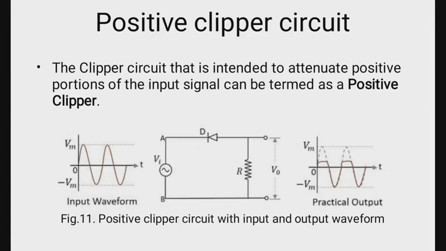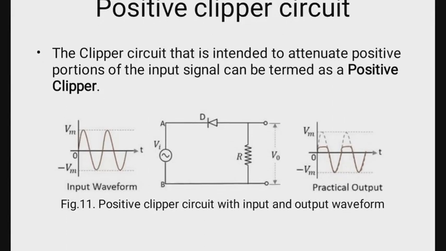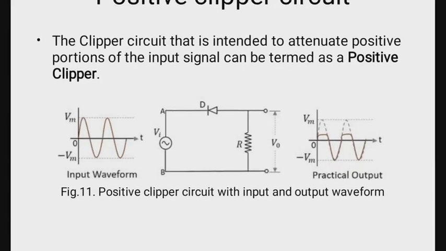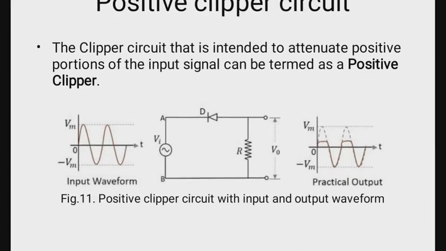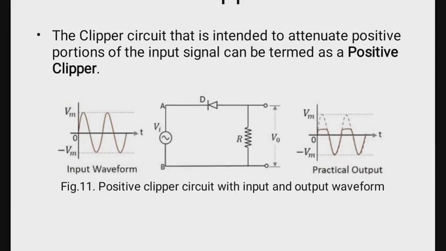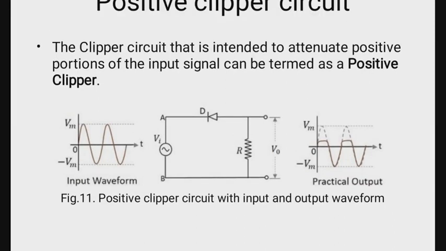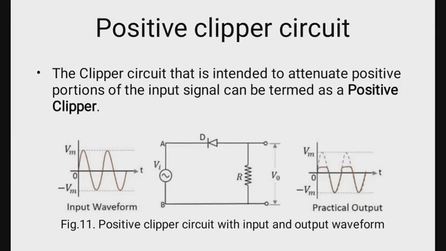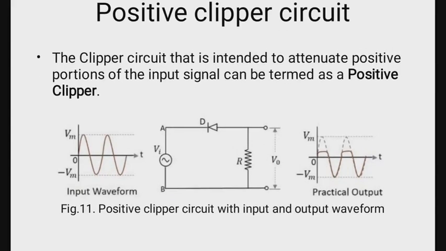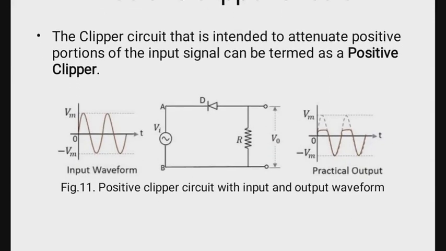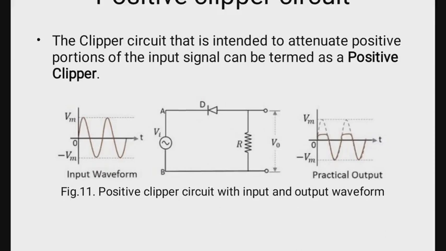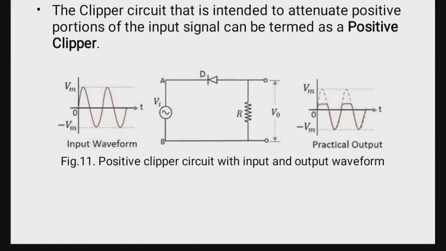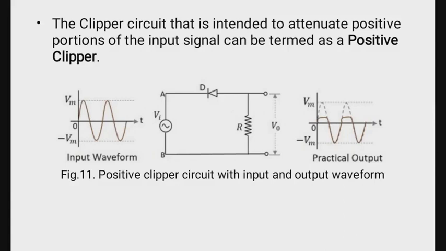As shown over here, when the input signal polarity is negative, we get an output voltage of minus Vm, and the same replica repeats. We can conclude that in a positive clipper, the positive peak is attenuated due to the blocking state, or off state, of the diode, sorry, open state, not short circuit.